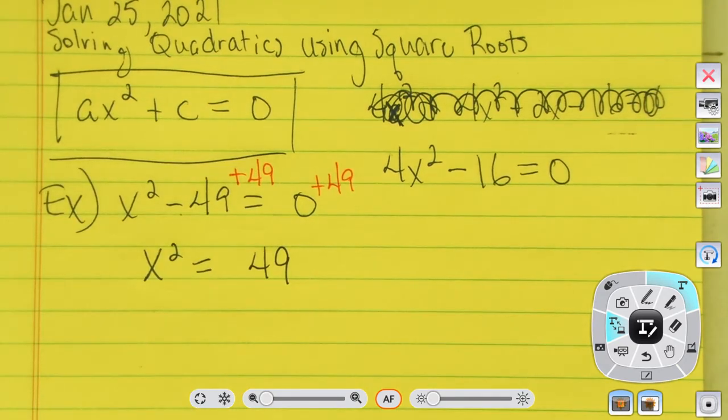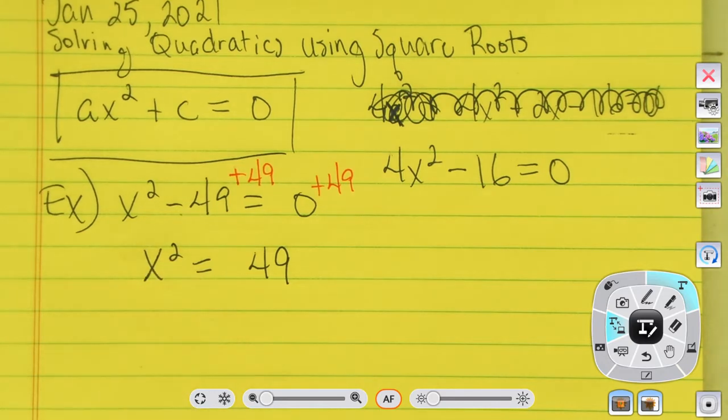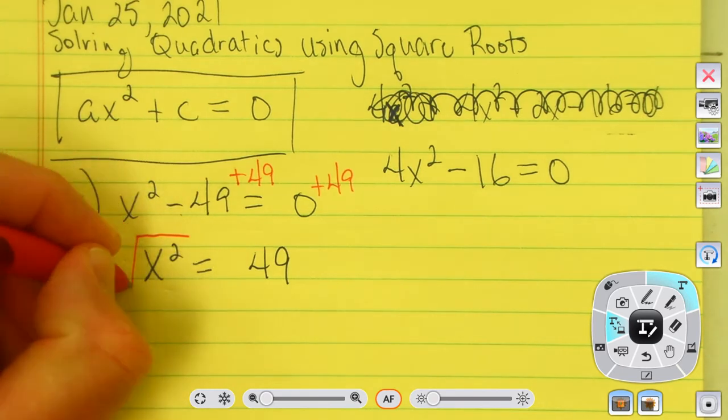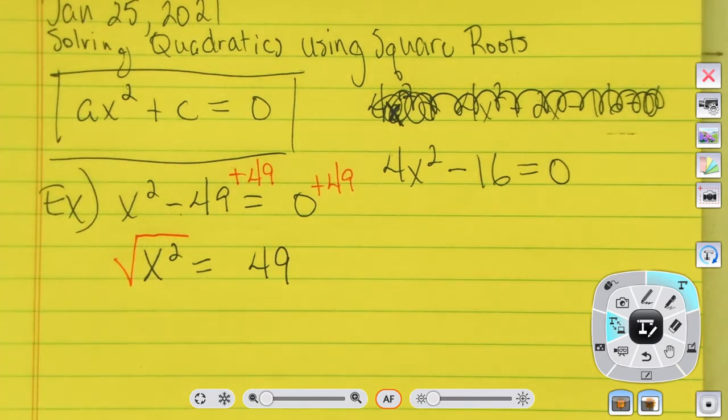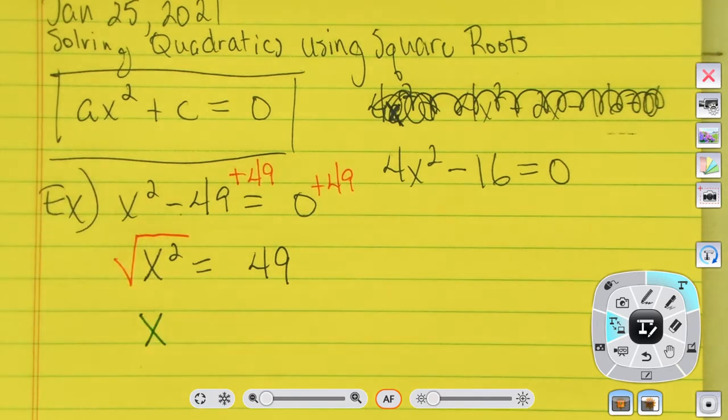Remember, when I solve equations, I'm trying to get x by itself. So what I'm going to do then is I need to get rid of the square of x squared. The way I undo the process of squaring something is to take the square root. So if I take the square root of x squared, I'm just left with x.